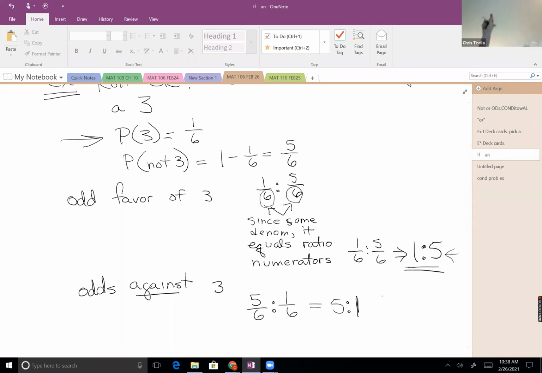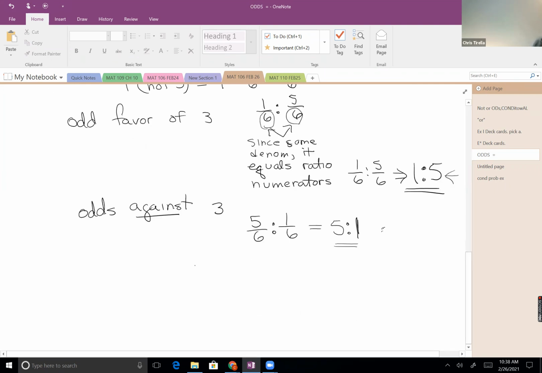And this puts an exclamation point after the idea that odds is very much different than probability. Because you know how we had said that probability is always smaller than 1? This number is much bigger than 1. That would be like 5 over 1 or the whole number 5. And so odds can be bigger than 1. If something's likely to happen more than half the time, the odds will be bigger than 1. If something's likely to happen less than half the time, the odds will be smaller than 1.